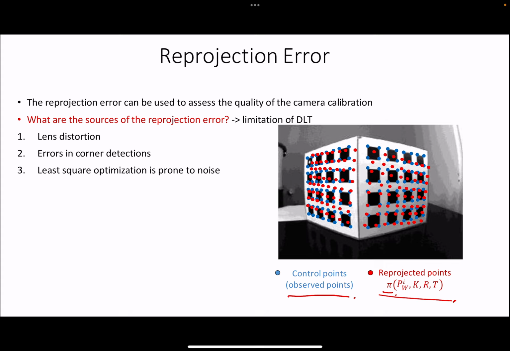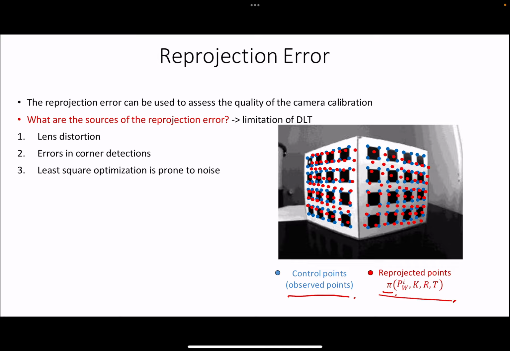In theory, actually, DLT should work. In theory, if we have 6 perfect correspondences and DLT is based on perspective projection, then it should work, right? But in practice, unfortunately, it does not work, because there are many assumptions. The first one is obviously that there should be no noise, but there is always noise.